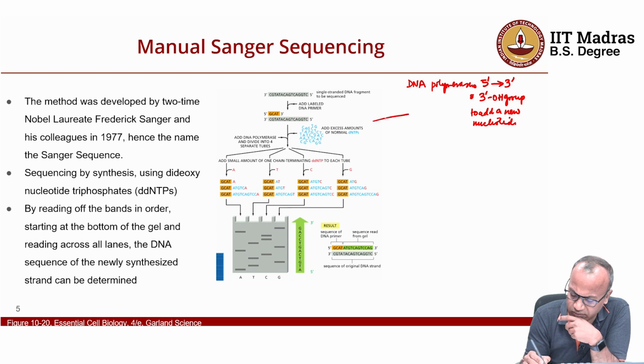So, if this is your DNA and it is 3', 5', and it has added a nucleotide here and this has a 3' hydroxyl group, it will be able to add another one which would have a 3' hydroxyl group, and will be able to add another one which will have a 3' hydroxyl group, right.